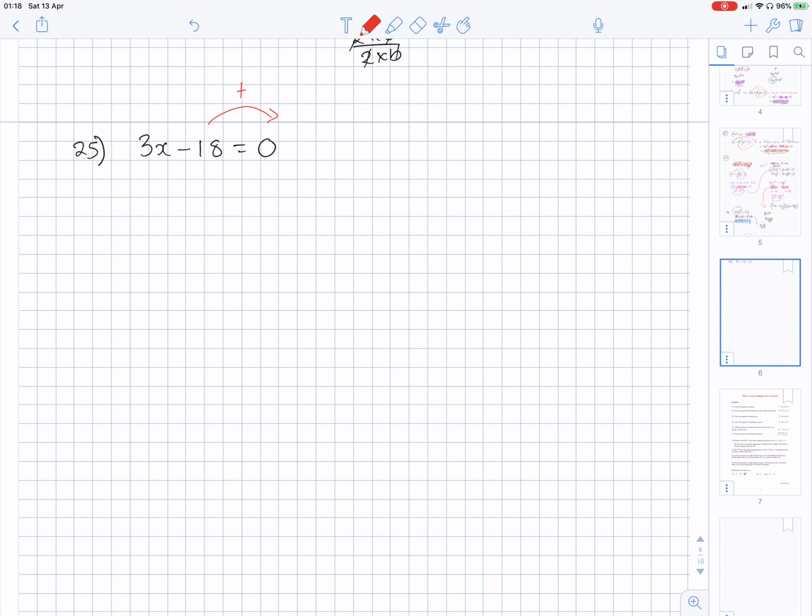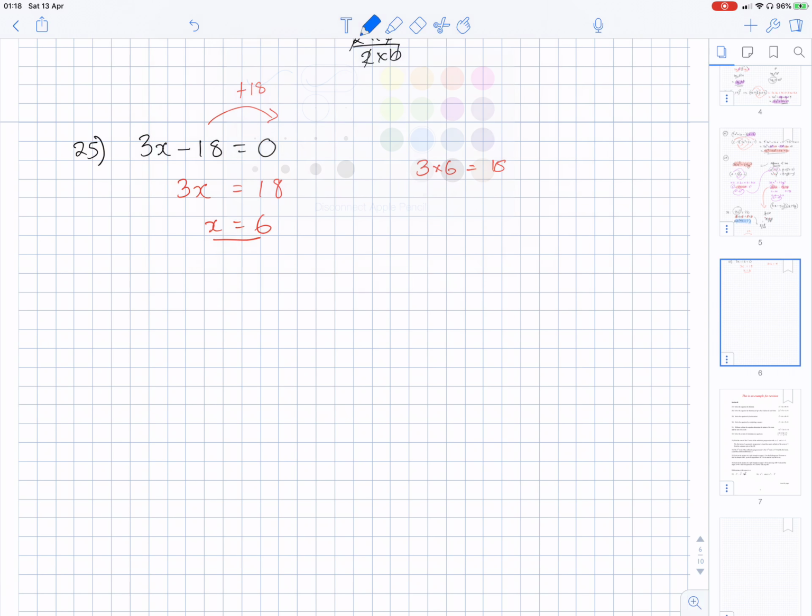It becomes a plus 18. So the 3x remains. The 18 goes with the other side, becomes positive, but we don't need to write the positive. And then we are multiplying 3 by x, so we need a number that when we multiply by 3 gives us 18, and that number is 6. Okay, so x equals 6.